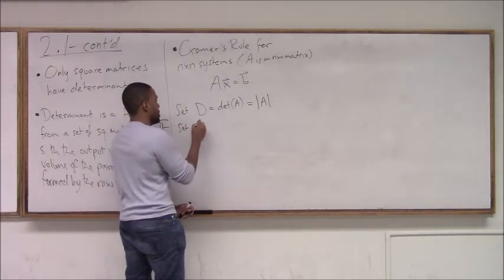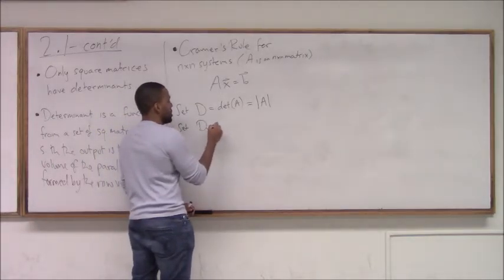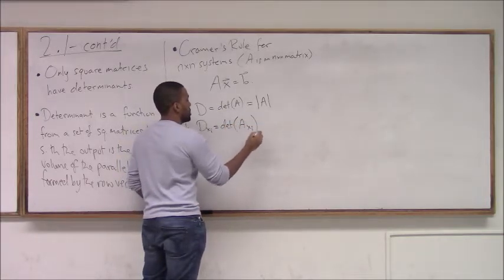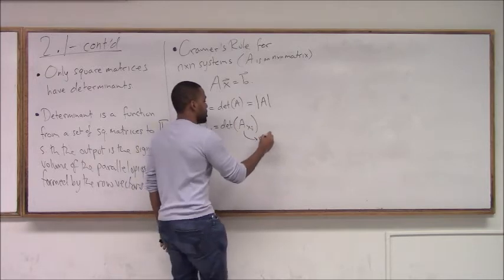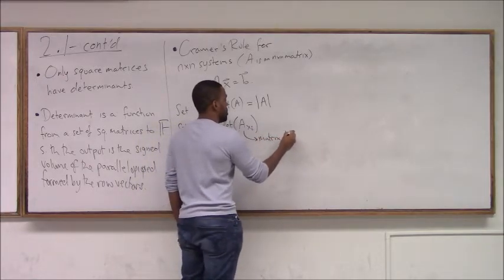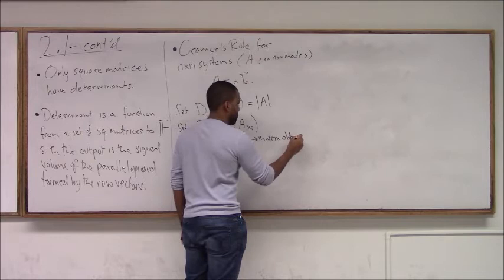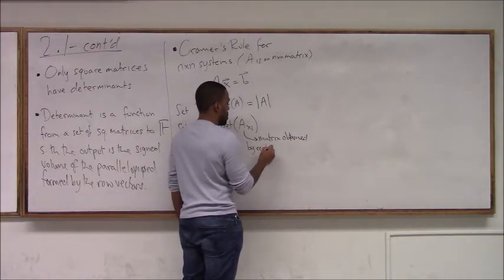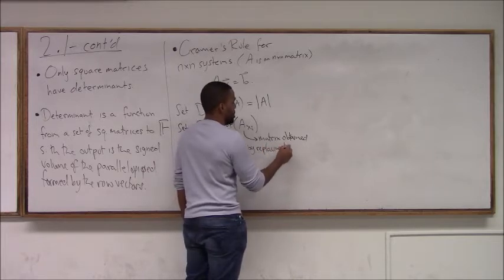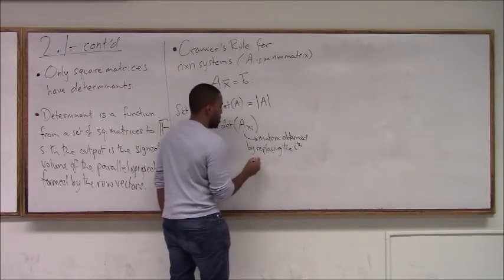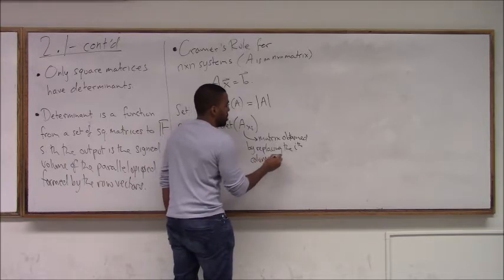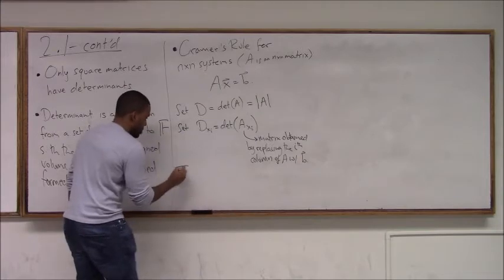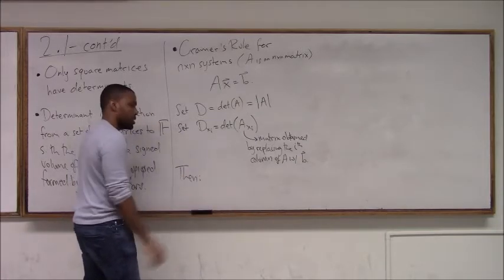And set dxi to be the determinant of AXI. This is the matrix obtained by replacing the ith column of A with B. Then there were three situations.